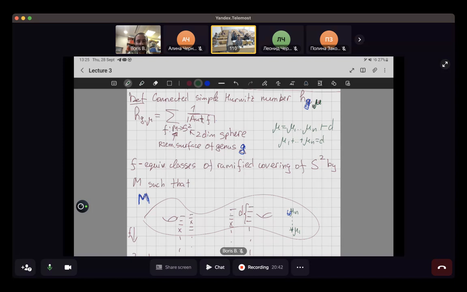We fix this mu, which is a partition. And the critical values we do not fix, but it is a numbered set, so an ordered set of critical values.